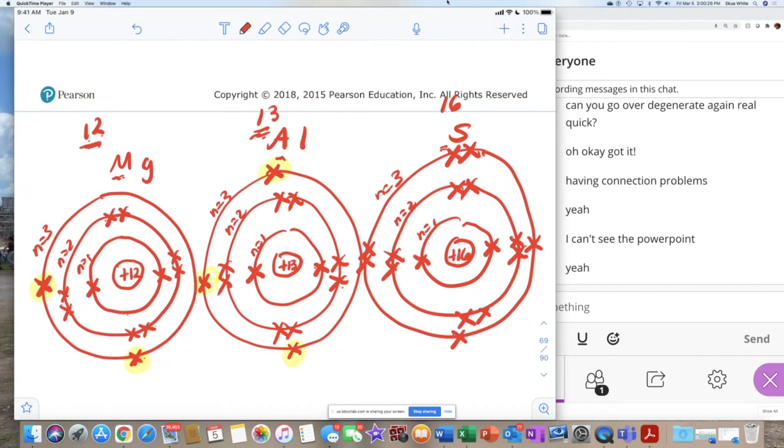Okay, now that we are here, all of these are the valence shell for sulfur, which explains why sulfur is in group 6, right? We'll get to this part later on. The valence shell matches the group number.